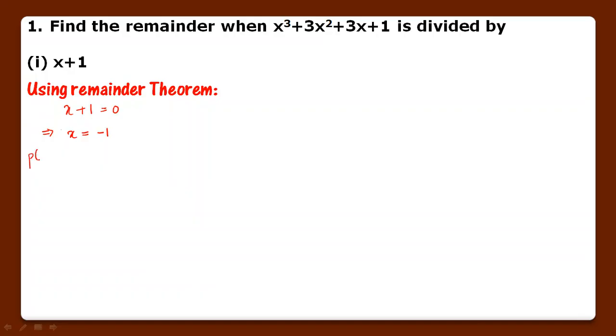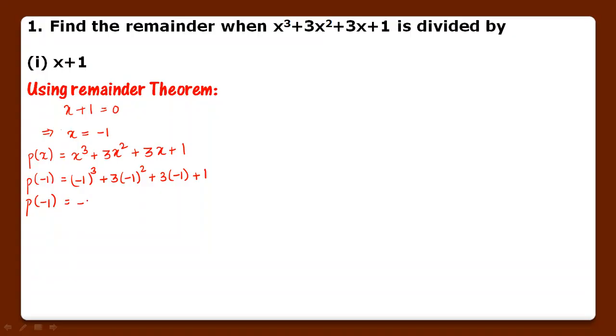Now we'll write the value of polynomial, that is x cube plus 3x square plus 3x plus 1. In place of x, we'll write minus 1. Then minus 1 cube plus 3 into minus 1 square plus 3 into minus 1 plus 1.